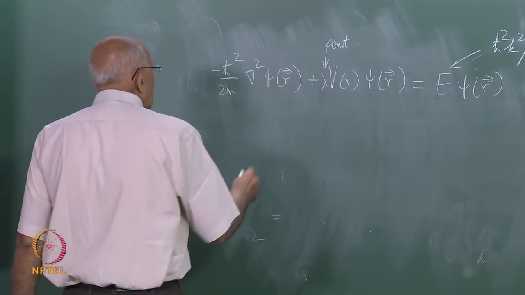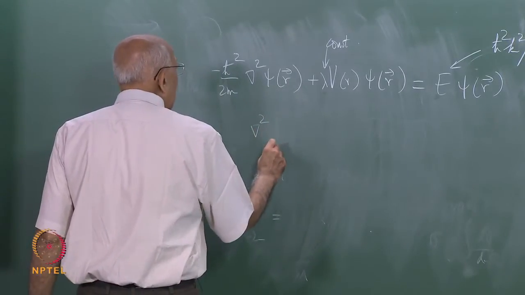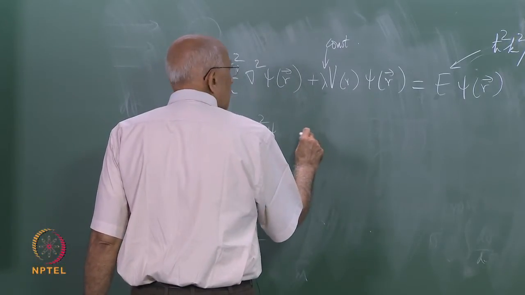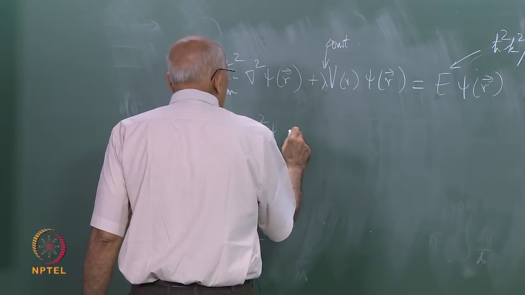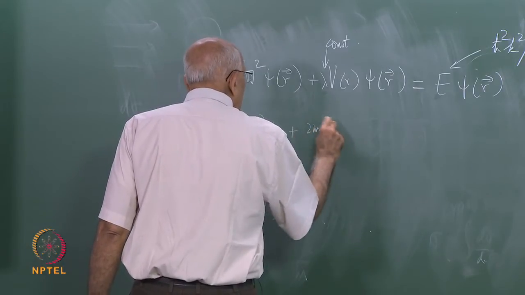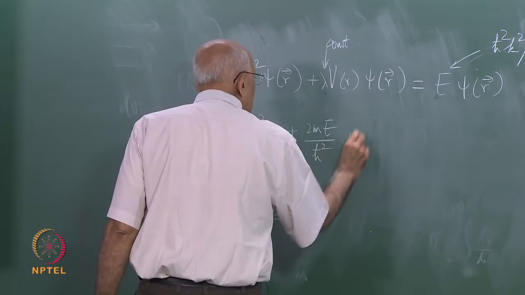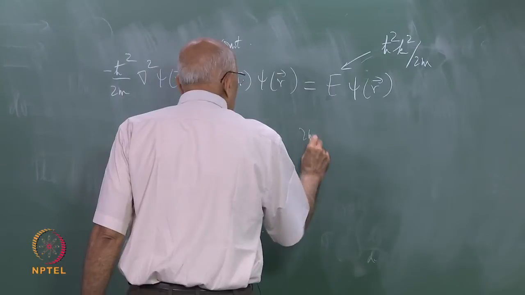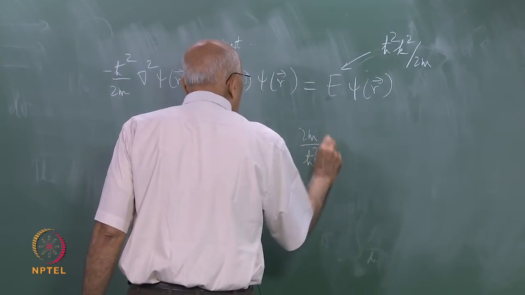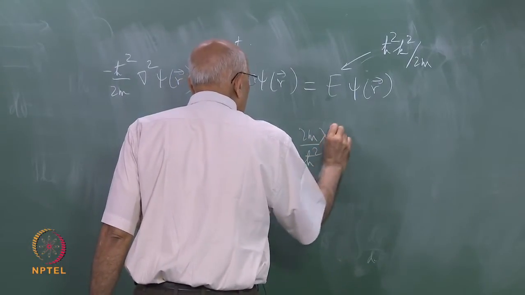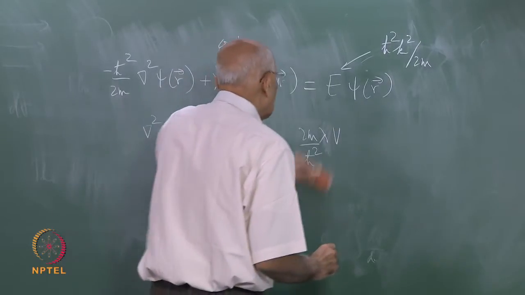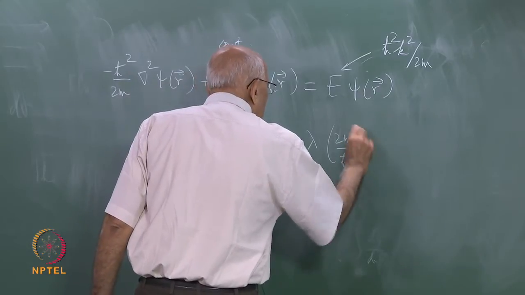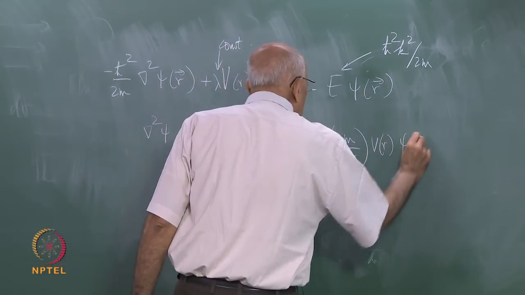Okay. Now this is the problem we want to solve, and the way to do this is to first write this as del squared psi plus 2mE over h cross squared psi equal to lambda times 2m by h cross squared V of r psi of r.